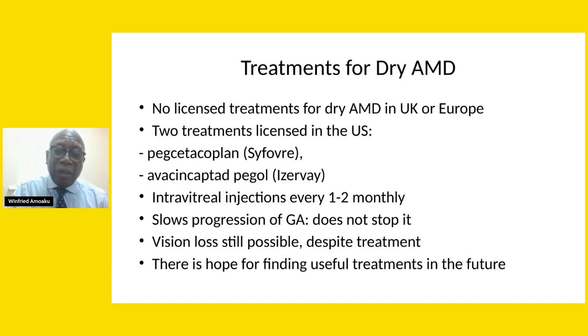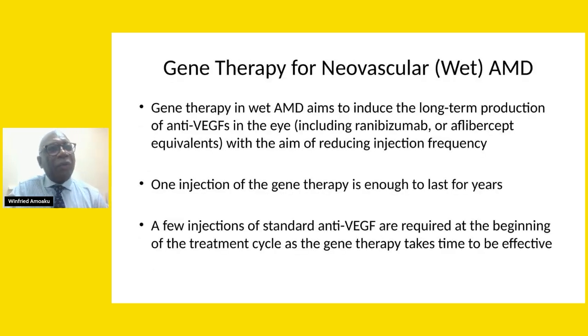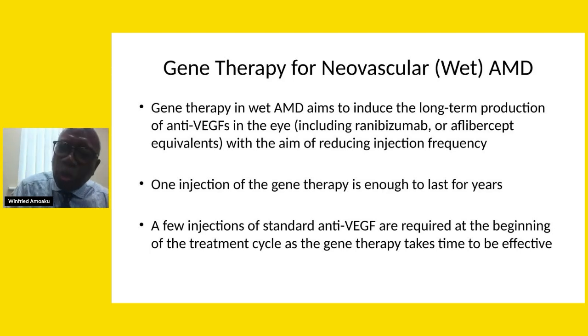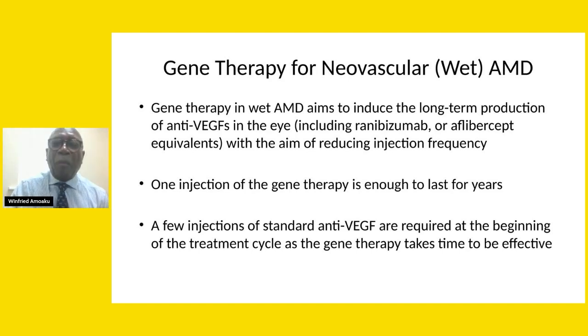However, we believe it's the beginning of new things to come, and based on the same things that have been done to date, we will be able to develop more useful treatments for geographic atrophy in the future, which will stop the process or, much better, slow the progression much better than these other two products that have not been licensed.